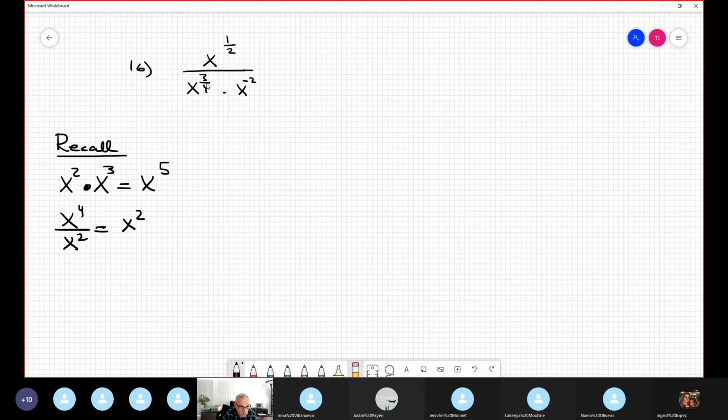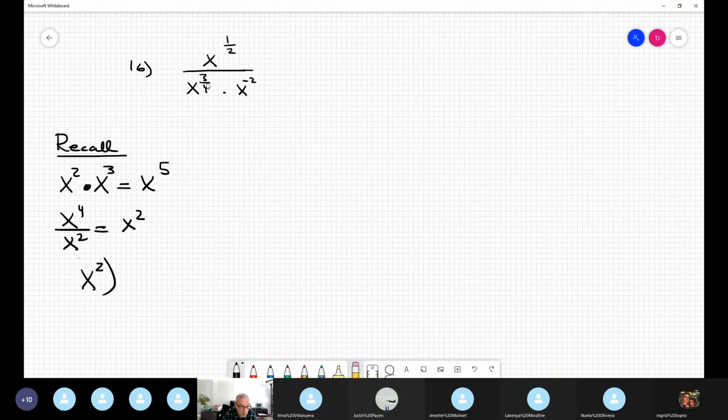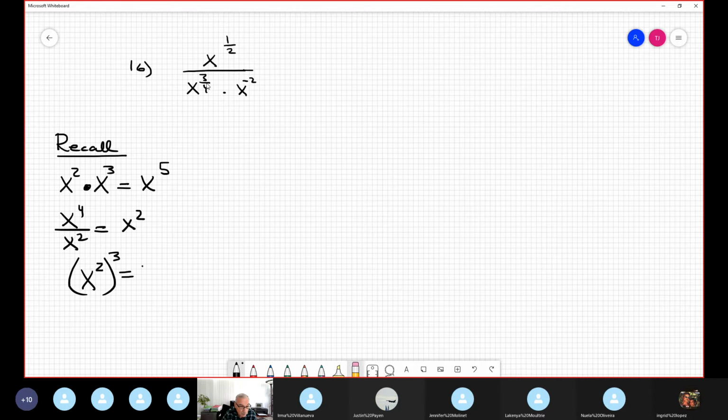Where do these two come from? 4 minus 2. Where does this 5 come from? 2 plus 3. And when you have a power of a power, different levels of the power, you multiply. Where does this 6 come from? 2 times 3. Rule number 1, multiplication is addition. Rule number 2, division is subtraction of exponents. And rule number 3, different levels of the exponent.